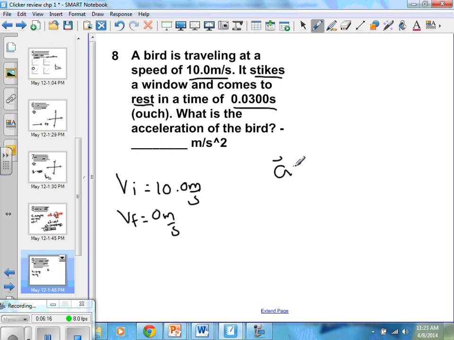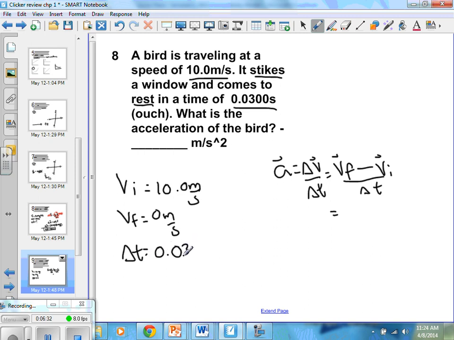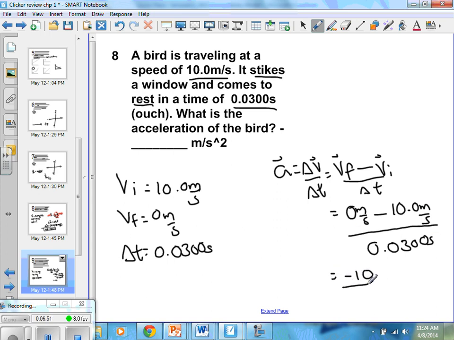So if we look at our acceleration formula, we can also write it like this, Vf minus Vi over delta t. My time is 0.0300 seconds. If I sub in my values, so Vf is just 0 minus 10 meters per second all over 0.0300 seconds. 0 minus 10 gives me negative 10 over 0.030.